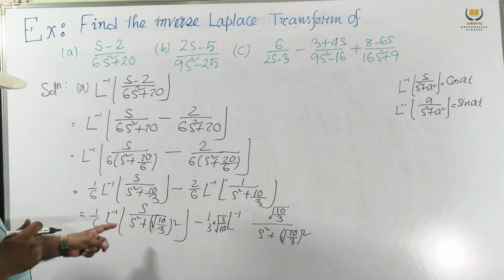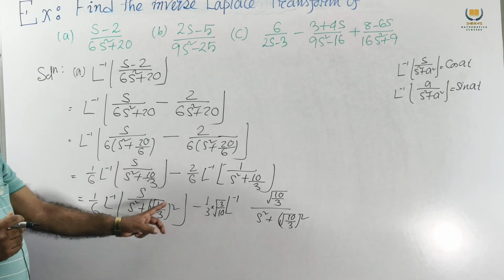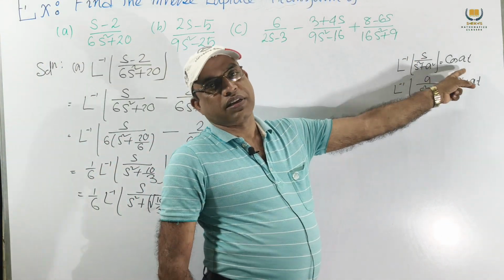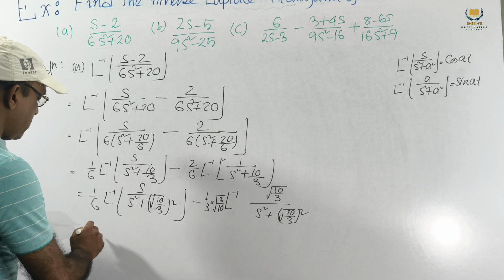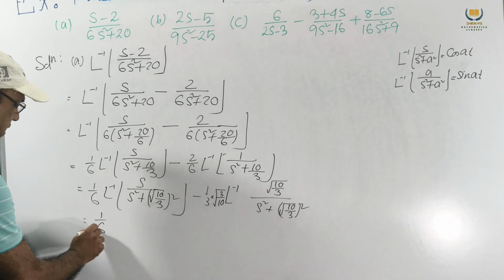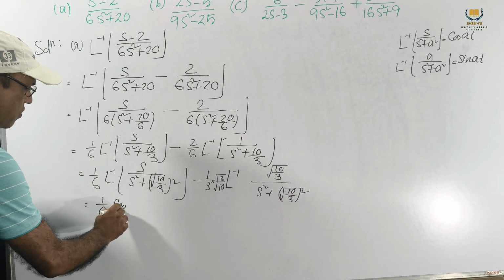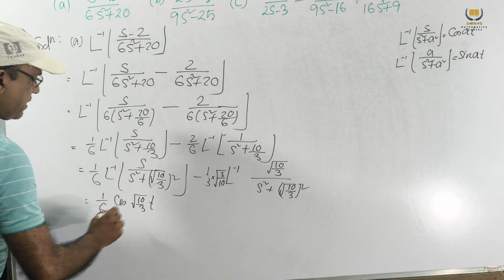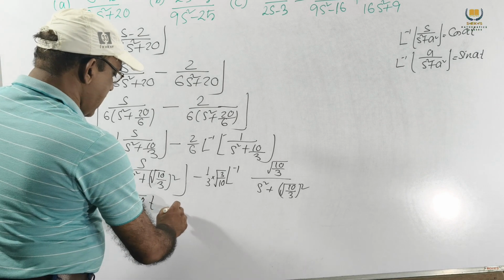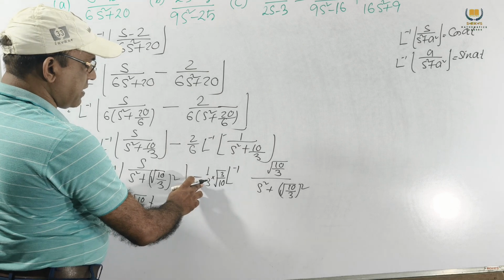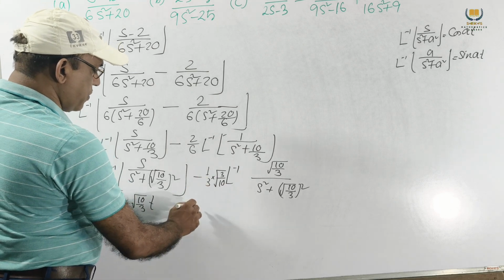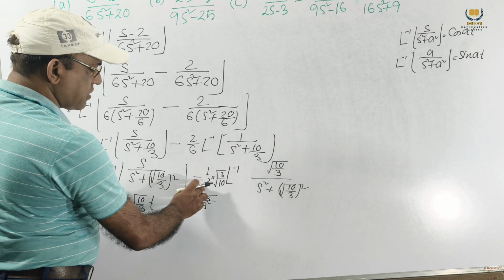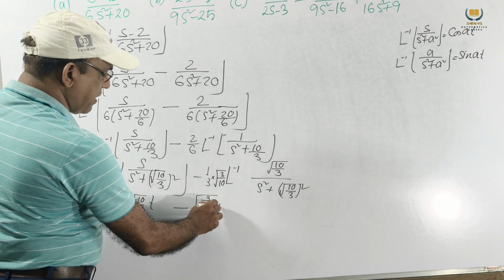So this is the direct formula: s by (s square plus a square) is cos at. So this will be 1 by 6 cos root 10 by 3 t. And if we multiply the 3 under the root, this is 3 square into 10.